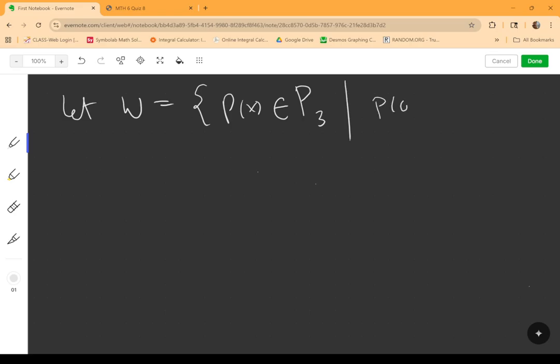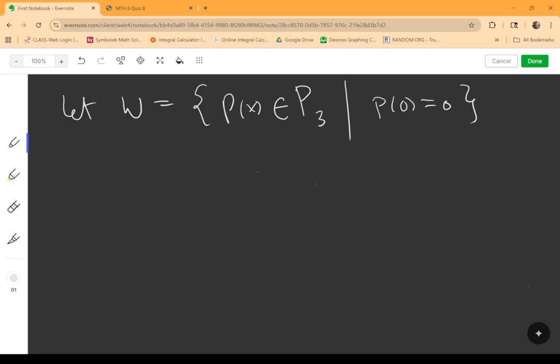Let's take a look at an example. Let W be the set of P, where P is an element of the polynomials of degree 3 or less, such that P of 0 is equal to 0.